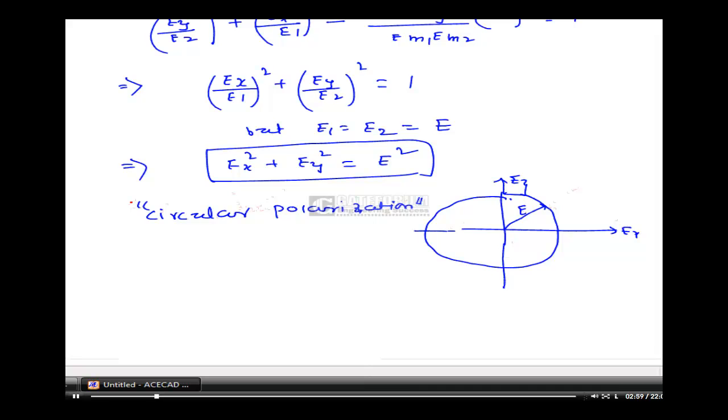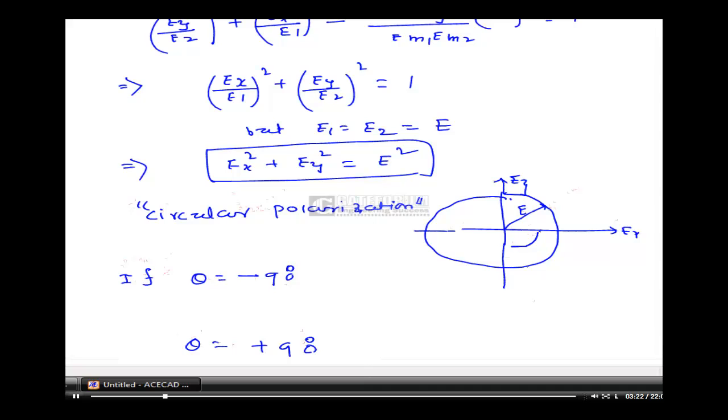One more interesting thing here is, if theta is equal to minus 90 degrees, what happens? And if theta is equal to plus 90 degrees, what happens? Suppose theta is equal to minus 90, meaning the negative angle direction, like this.